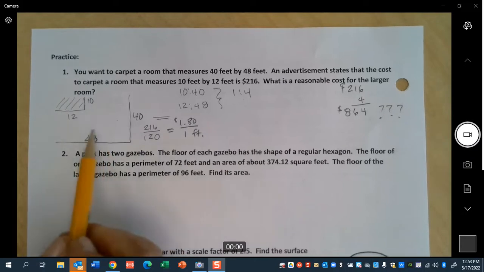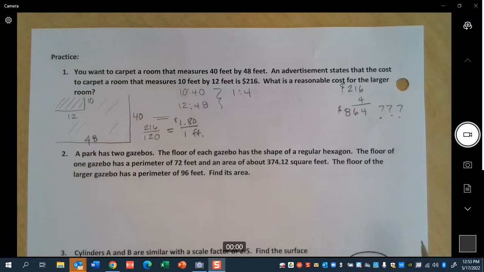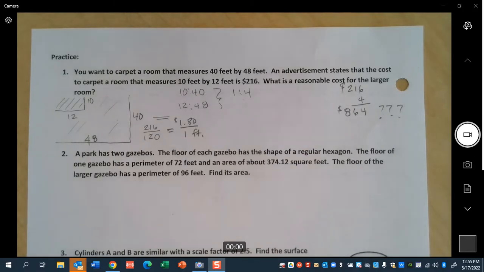So now what I need to do is figure out how much area is here. Boring. Not boring at all. Just kidding. Hold on a minute. All right. So let's figure this out.